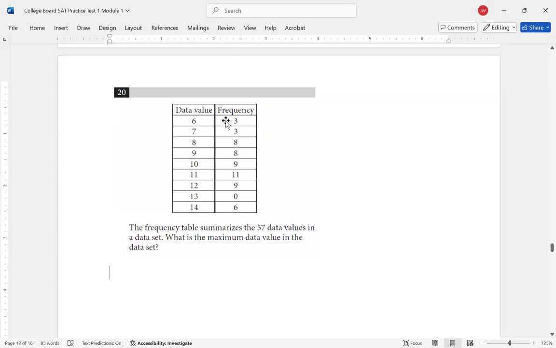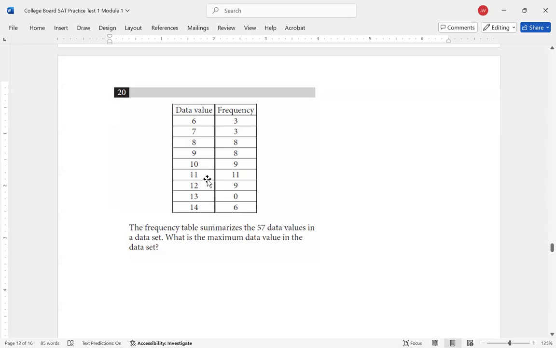So when it says 6 has a frequency of 3, what that means is that 6 happened 3 times. So there'd be 6, and then another 6, and then another 6 in our data set. Same thing with 7. For 10, there'd be 9 copies of 10.